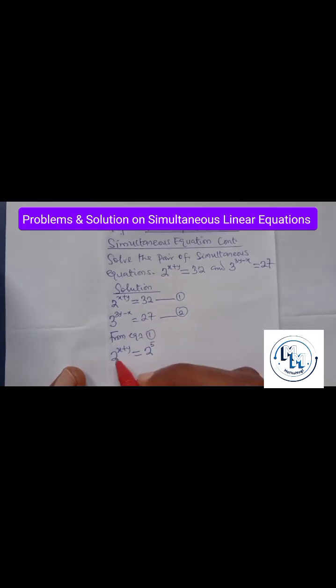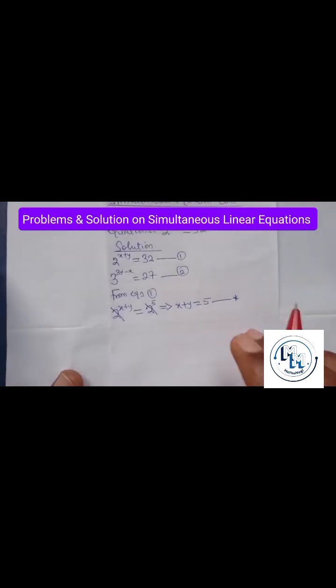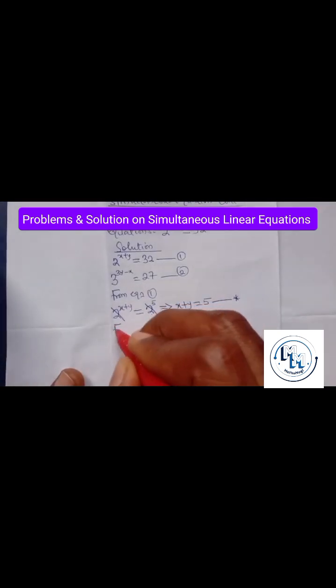At this point I have 2 here, 2 here, which is the same base, right? So this cancels out this. I'm left with x plus y equal to 5. This is my new equation 1. Is that all right?